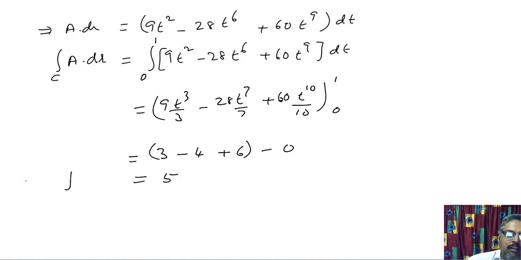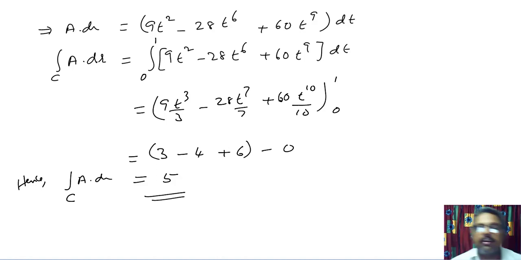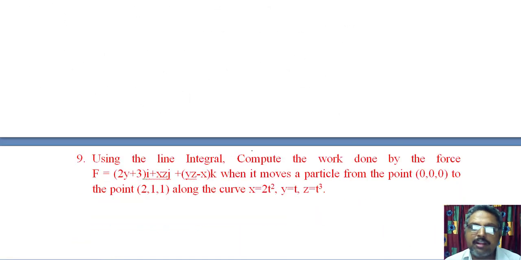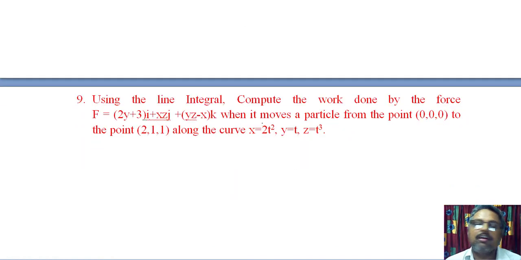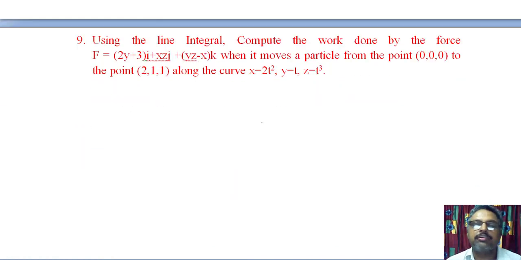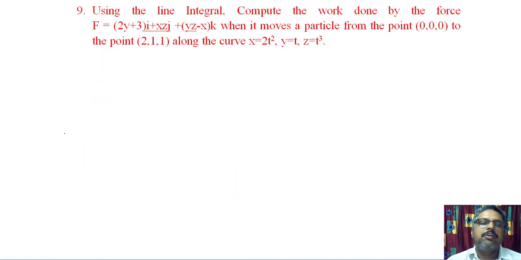Using line integral, compute the work done by the given force vector when it moves a particle from the point (0,0,0) to (2,1,1) along the curve x equals 2t², y equals t, z equals t³. In this situation, y equals t, the y limits are 0 to 1, so the t limits are 0 to 1.